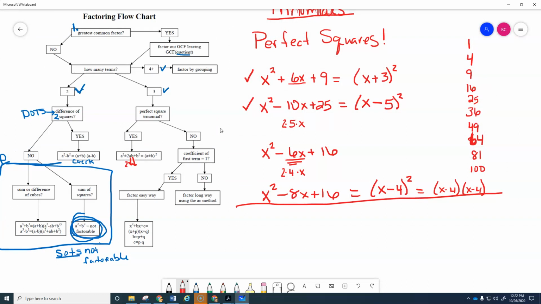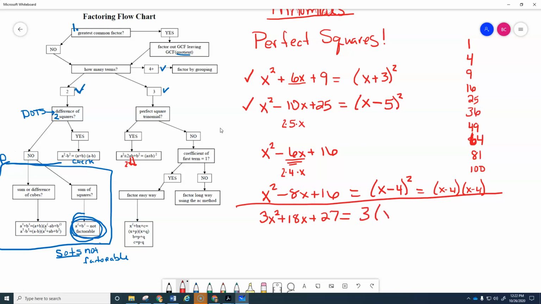So let's do 3x squared plus 18x plus 27. Step number 1. Greatest common factor. Factor out the greatest common factor. Does this have a greatest common factor? Are all of these divisible? Is there something I can factor out?